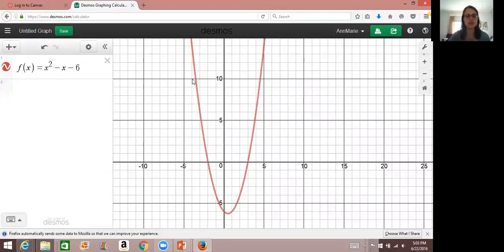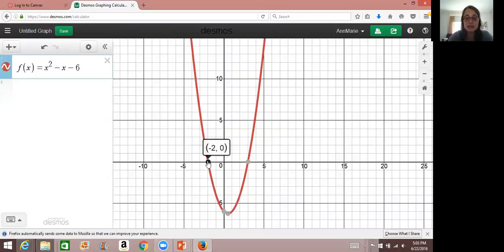In other words, for every point on this curve, if I click on a point like that one right there, yes, if x is -2, and I plug -2 into my equation for my function, x squared minus x minus 6, I will get out y equals 0.